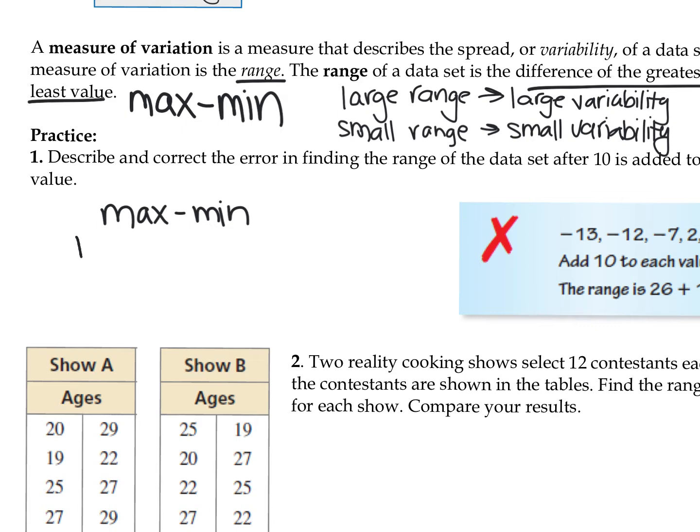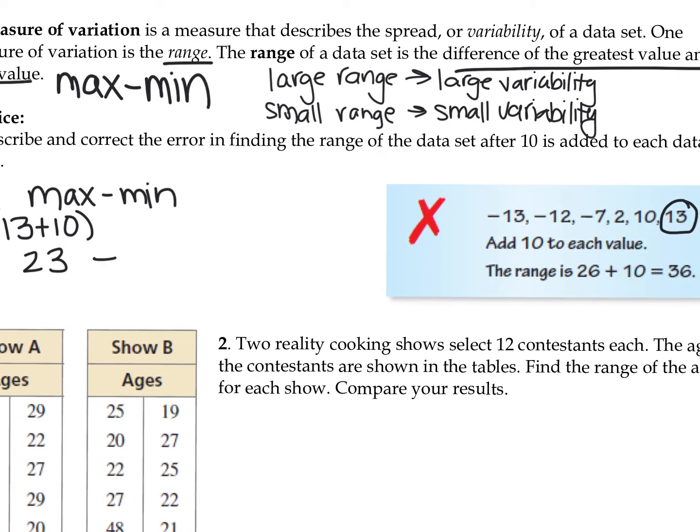So it's 13, but we're adding 10 to it, which is 23. And we're going to subtract the minimum value, which is negative 13. But again, we have to add 10 to it. And negative 13 plus 10 is negative 3.